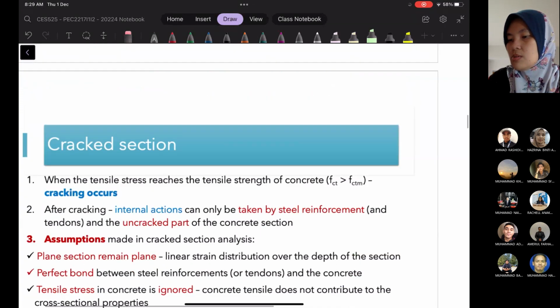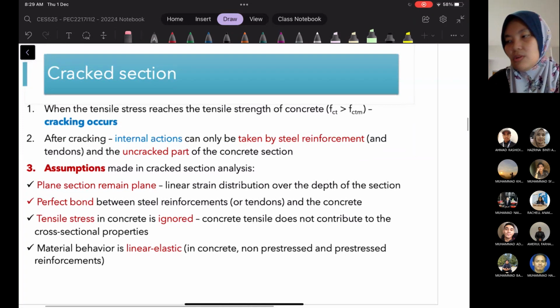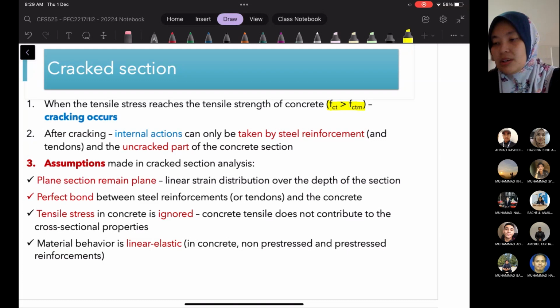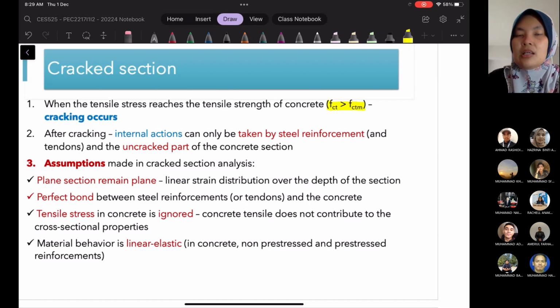Right. As for the cracked section, here we have fct more than fctm. After cracking, the internal actions can only be taken by the steel reinforcement. So basically we are back to the RC principles. In RC principles, the concrete will not be taking the tensile forces or tensile stresses; instead, the steel reinforcement will be taking the tensile stresses in the section.